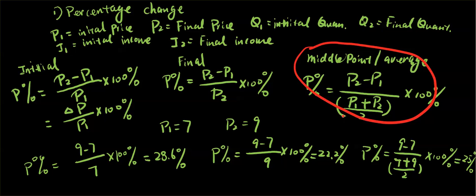That is the more common way to calculate the percentage change. In the next video we will talk about how to calculate the price elasticity of demand, and how we can decide necessary goods and luxury goods based on the price elasticity of demand.